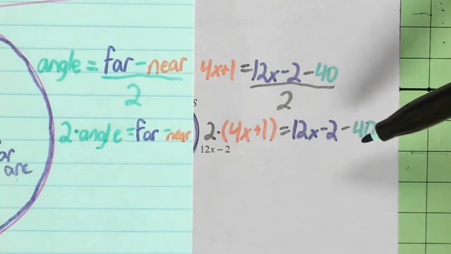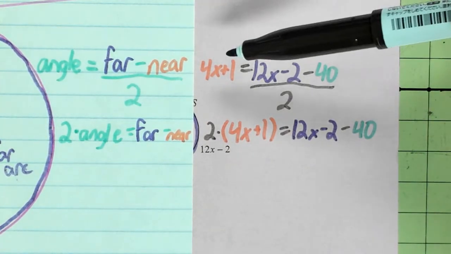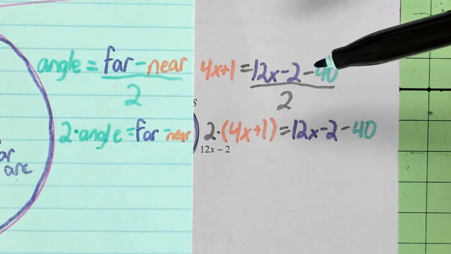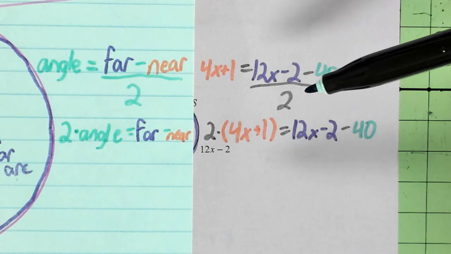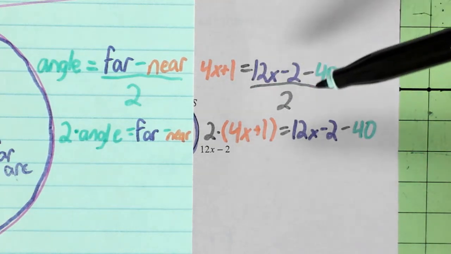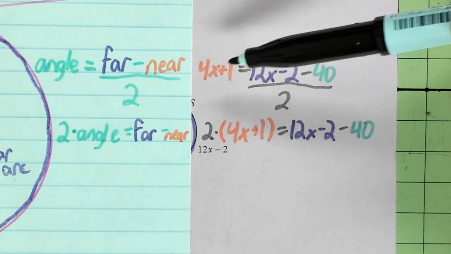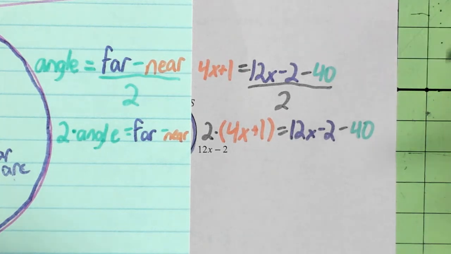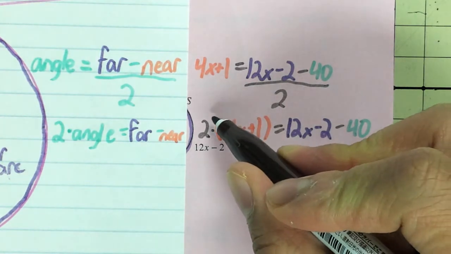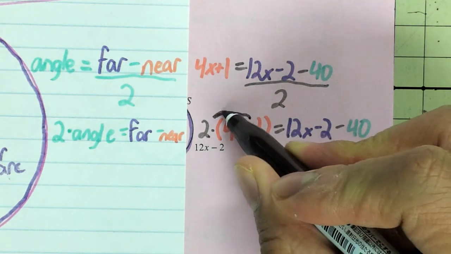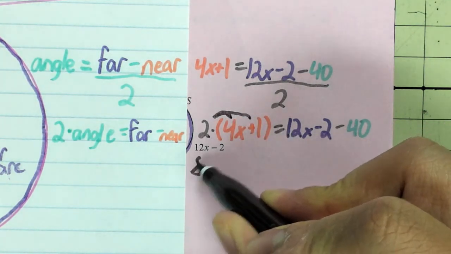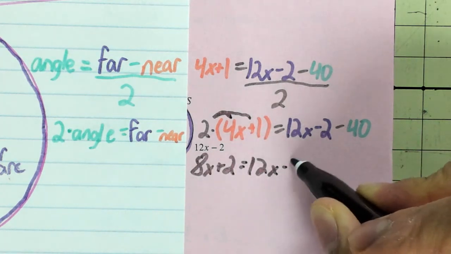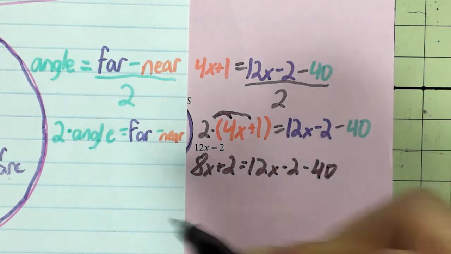So really, second formula comes from just multiplying the first formula both sides by 2. Or the way I explain this is to get rid of that fraction. Instead of worrying about that fraction in the beginning, you can go ahead and double the left side, and the right side won't have a fraction anymore. So let's continue. We distribute to get 8x plus 2 equals 12x minus 2 minus 40.